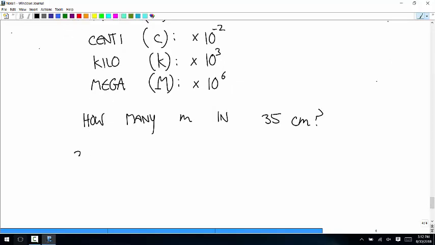You can just start with that value, 35, and replace the prefix with the number it's associated with. So 35 times 10 to the minus 2 meters. And that's the end of it. Multiply that out. This is sort of somewhere in between scientific notation and standard notation, so really you should get it in standard or scientific, but this is equal to 0.35. Your calculator will do that for you. 0.35 meters.